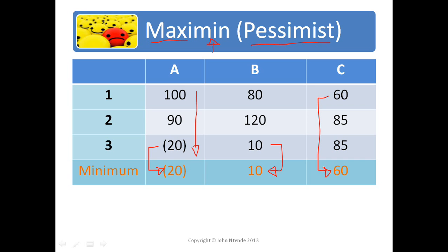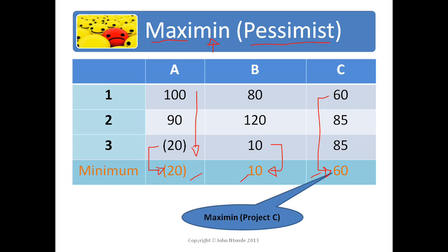So you choose the best of this. You can make a loss of 20, a profit of 10, or a profit of 60. Clearly, the best project to choose is C because it maximizes the worst possible outcome, which gives us 60. So project C is the project to choose when you're using Maximin.